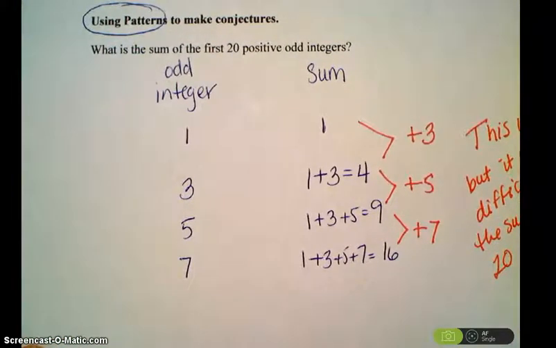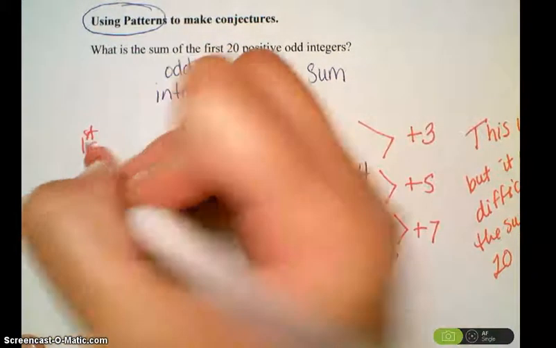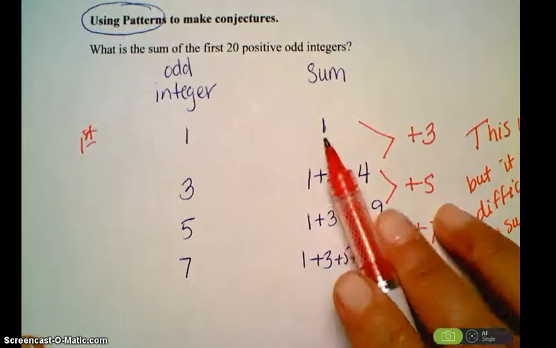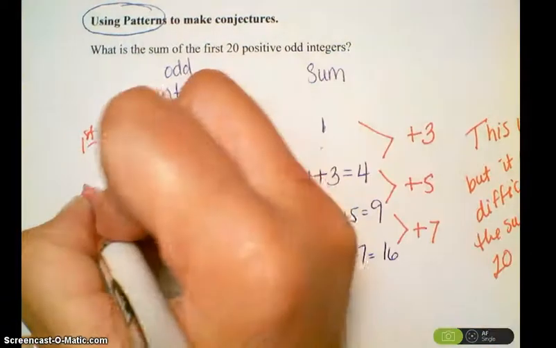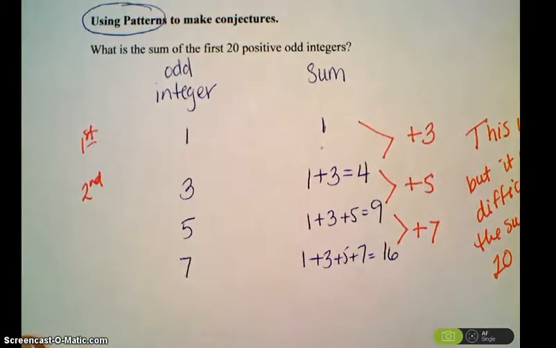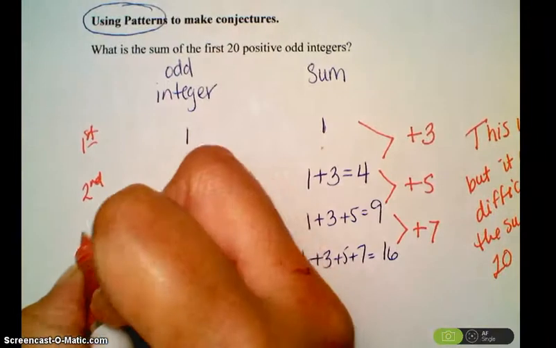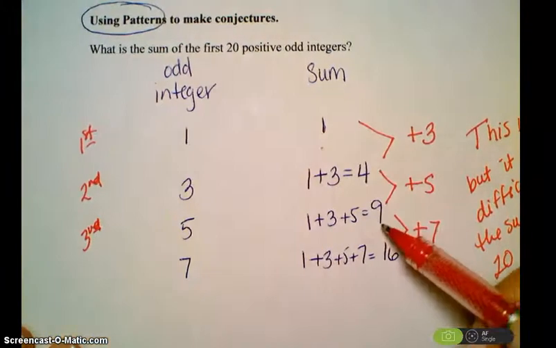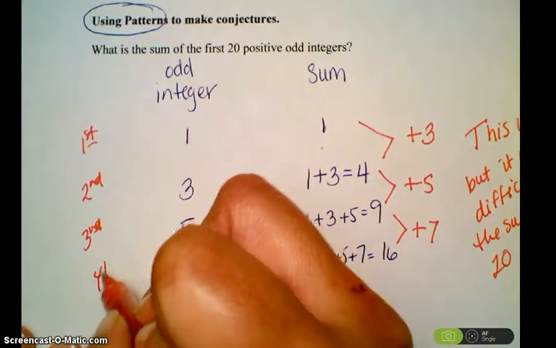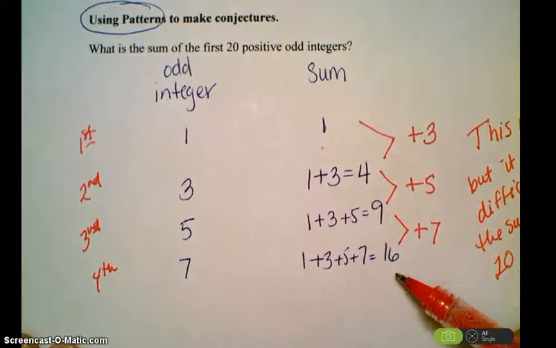If I take a look, this is the first integer, and I got a 1. And this was the second, got a 4. The third, we got a 9. And the fourth got me a 16.